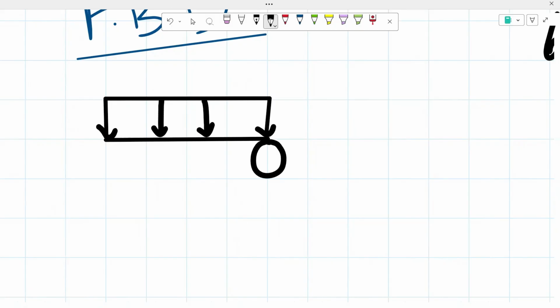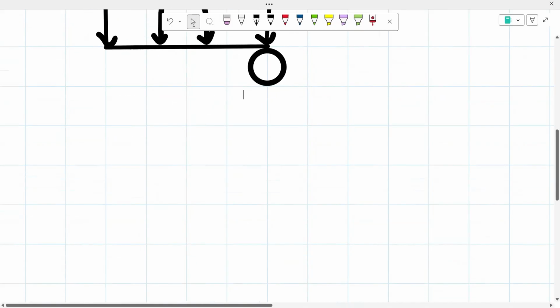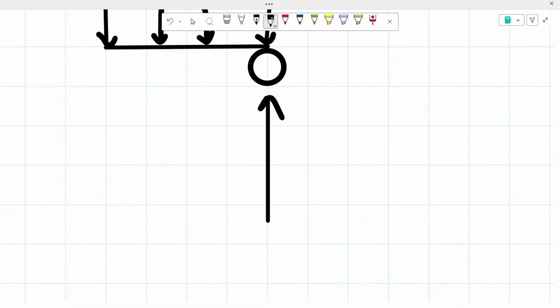From there, we have our reaction right here. Our reaction B sub y, we said that it has a value of 23.8 kilonewtons.